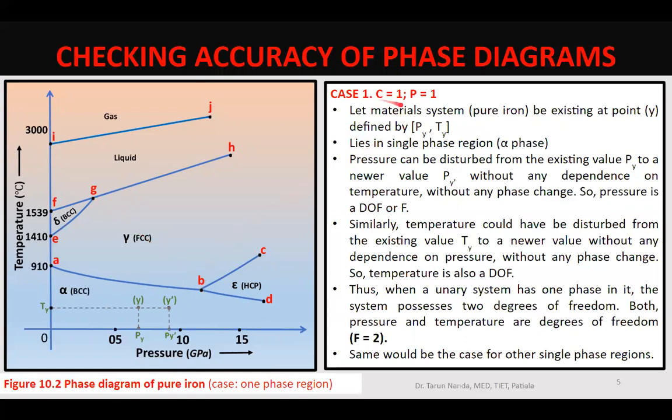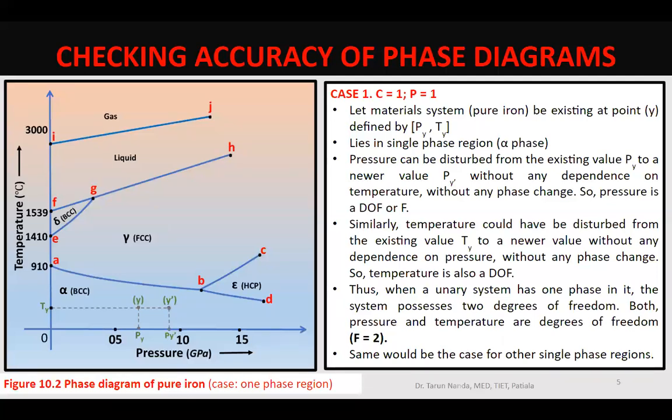Now when we have this one component system, pure iron, when we have just one phase, for illustration I have taken that pure iron be present at a temperature composition point Y, where it has temperature Ty and pressure Py. Now if I ask the diagram, how many degrees of freedom do you have with you?